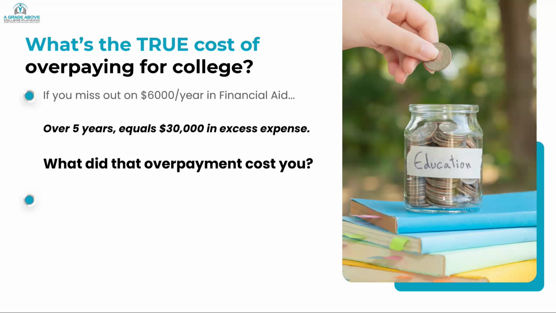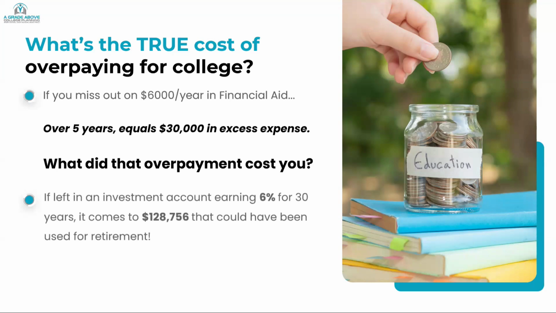But is that the true cost, right? What did that overpayment really cost you? Now, if you are looking to retire one day and you have a 401k or you have investments, that $6,000 a year at 6% interest rate, which most people feel over 30 years they can earn 6%, it costs you about $130,000 in lost retirement money or lost opportunity costs, right?